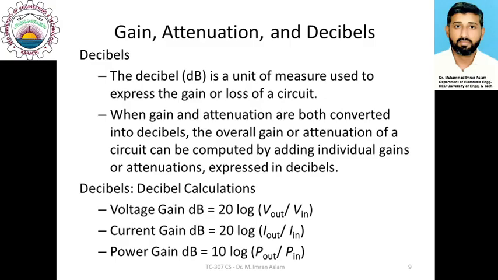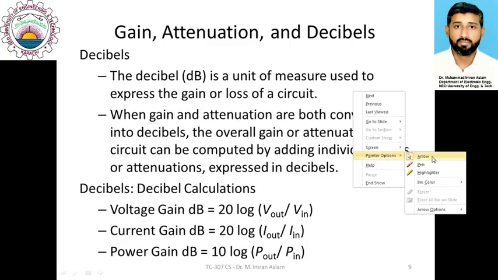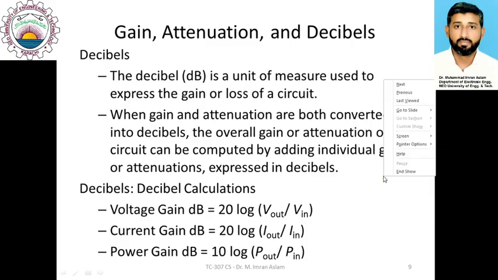In communication systems, a common technique is to represent gain and attenuation in a special unit which is called the decibel. Remember that I mentioned that voltage gain and power gain are actually dimensionless quantities, so they do not have any unit, but the decibel unit refers to a logarithmic version of that ratio.